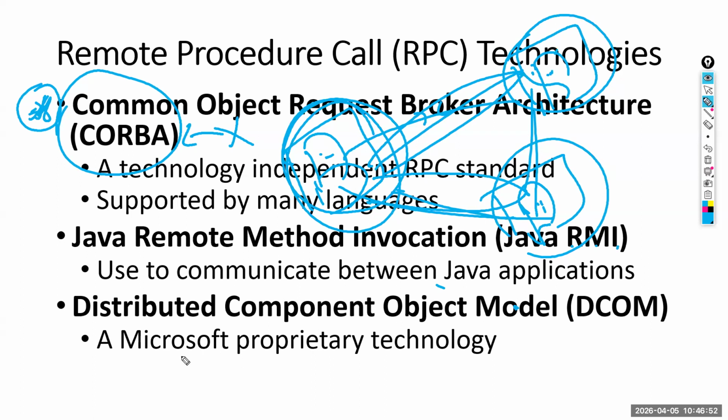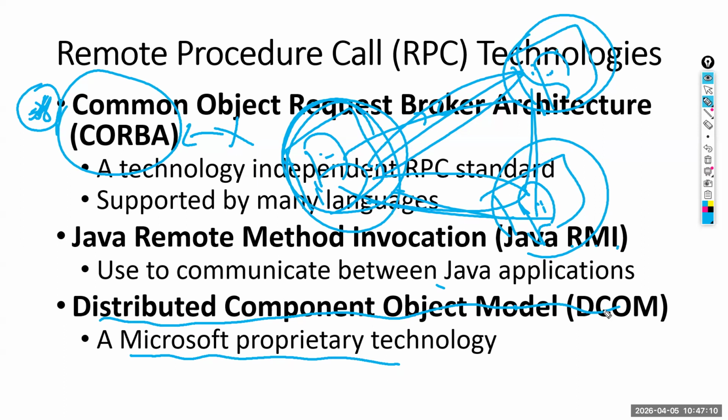Similarly, Microsoft also came up with their own remote method technology called COM or DCOM, Distributed Component Object Model. Again, the good news is it's simpler than CORBA.